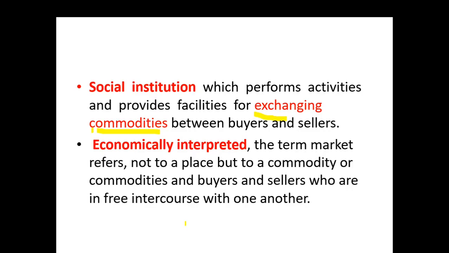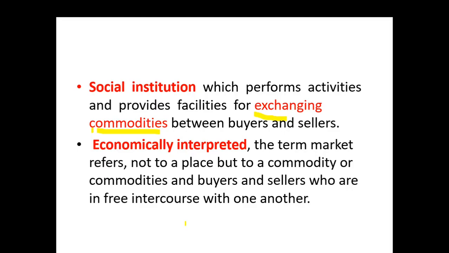It also includes the persons who are coming to purchase and the persons who are coming to sell, who are in free intercourse with one another. So, what is a market? Economically interpreted, a market refers not only to a place but also to a commodity or commodities and buyers and sellers who are in free intercourse with one another.